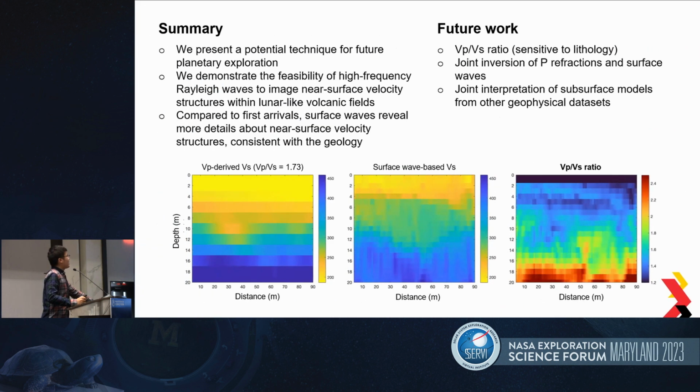In summary, we present a near surface imaging technique based on the energy of surface waves to image the near surface structures at lunar analog sites. This technique can be readily applicable to other analog sites and even to future planetary exploration missions.